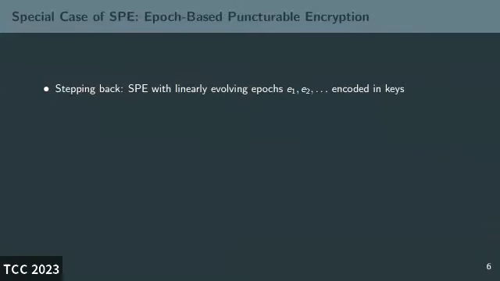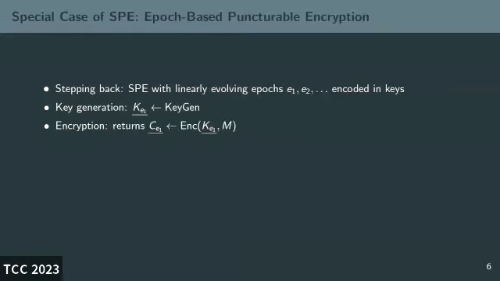And a special case of this puncturable encryption is epoch-based puncturable encryption, where we no longer have tags, but instead we have linearly evolving epochs. And key generation will give us a key for the first epoch. And encryption now takes as input just a key and a message and will output a ciphertext for the same epoch as the key. And the puncturing now just takes a key and outputs a key for the next epoch.